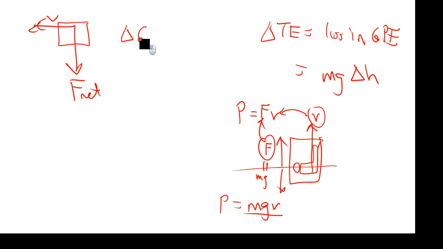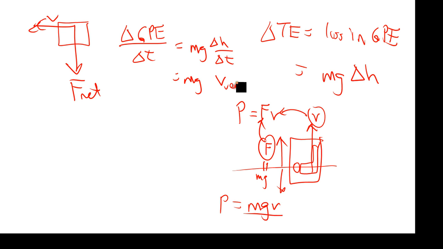So you see, I show you change in GPE over change in time for power, right? You will get mg change in height over change in time, which equals mg v, vertical velocity. But at position C, is there a vertical velocity? Don't have. You only have horizontal.